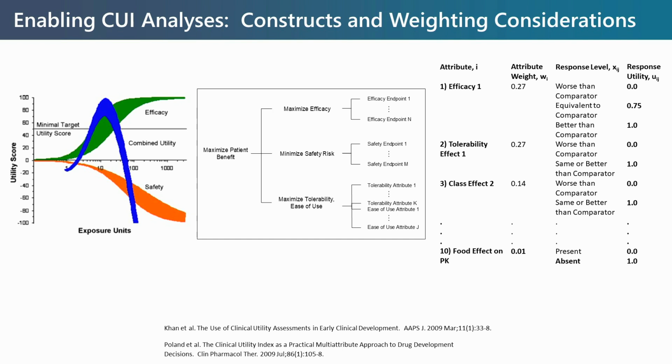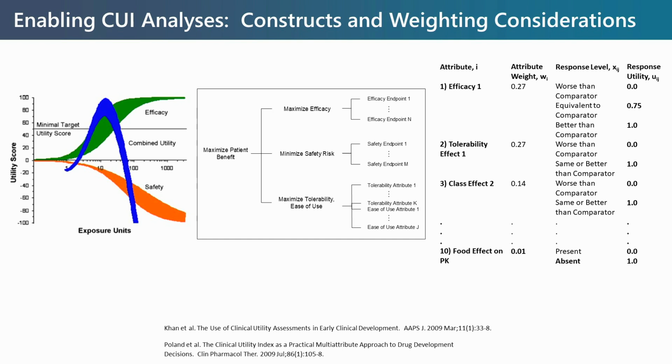So that for a sequence of different attributes, you could have a weighting function, and you would have a response function and a response utility.